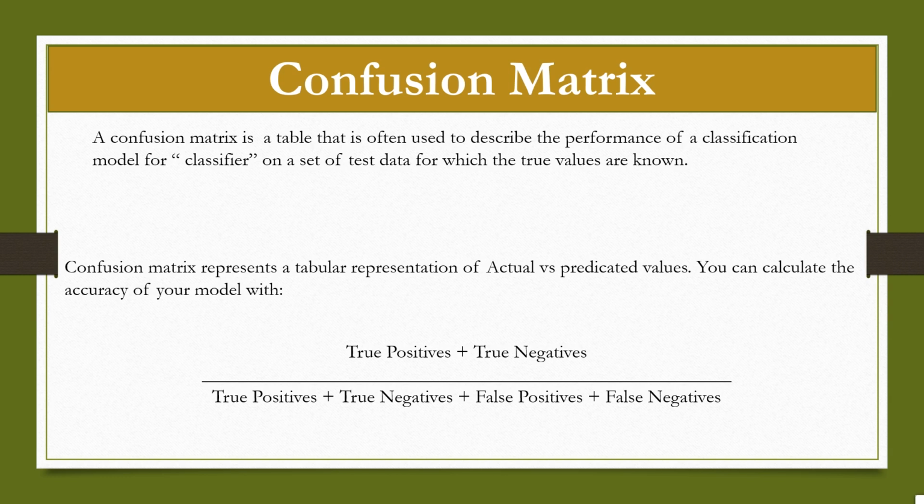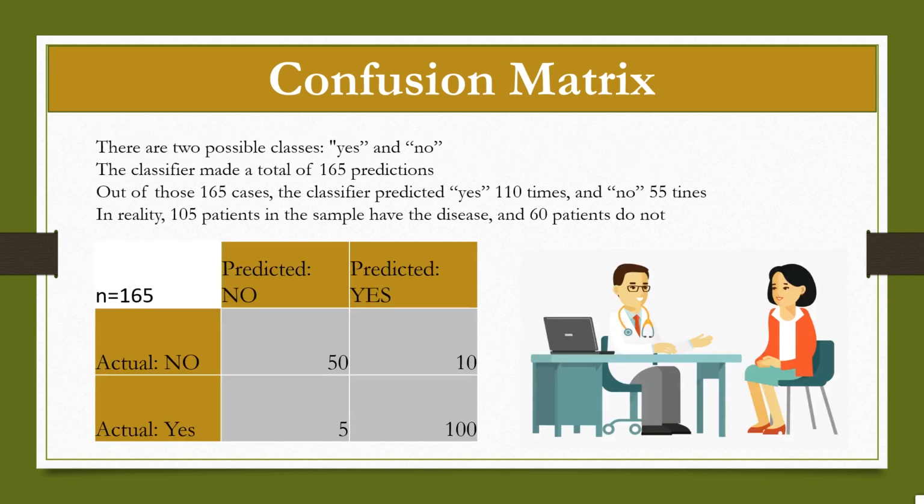So this is what it looks like: true positive, true negative, and all of that. Now this is a little confusing. I'll get back to what exactly true positive, true negative, and all of this stands for. For now, let's look at an example and try to understand what exactly confusion matrix is.